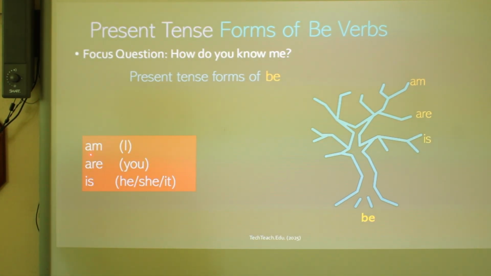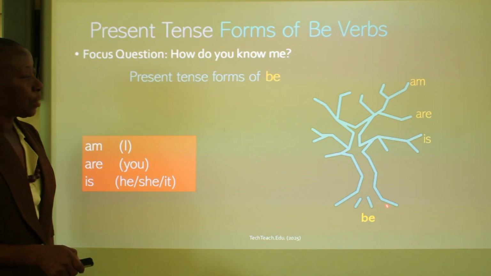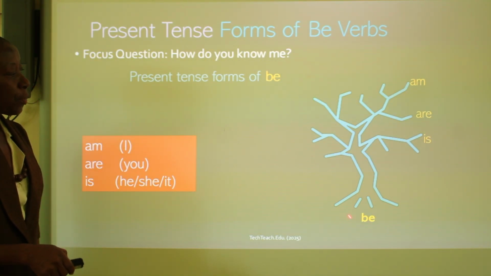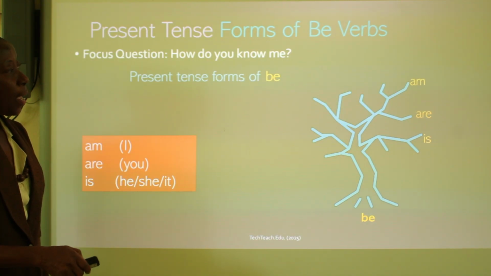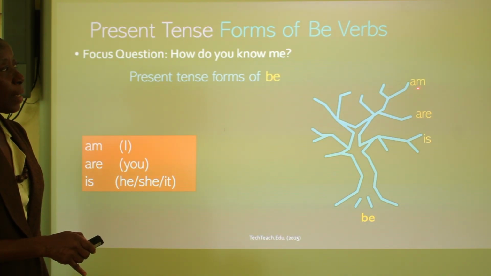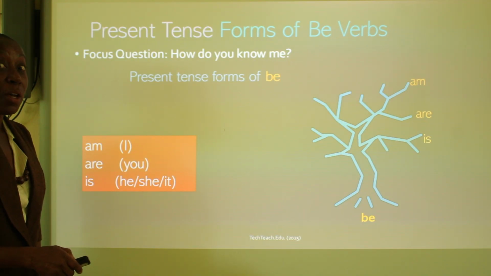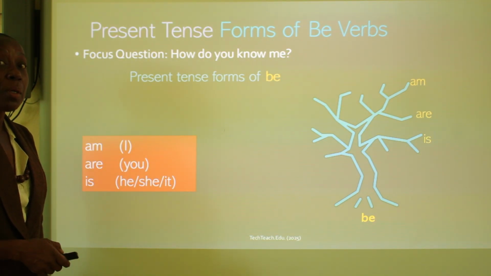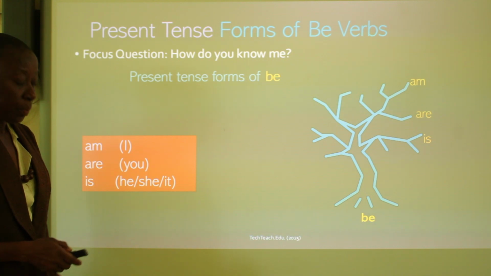We say I am, you are, and he, she, or it is. Here we have a tree showing the root, and we have he, she, or it is, they are or we are, and I am. That is exactly how they are to be written when you write your sentences.